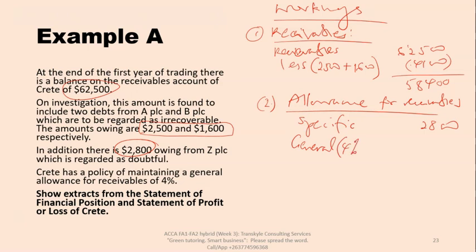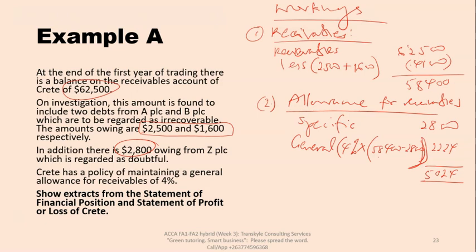We are given the 4% general allowance, multiplied by the figure we calculated above, 58,400, minus this 2,800 because we do not want to double account it. If you punch these figures in our calculator, you must get 2,224. So you add up, and must get 5,024.